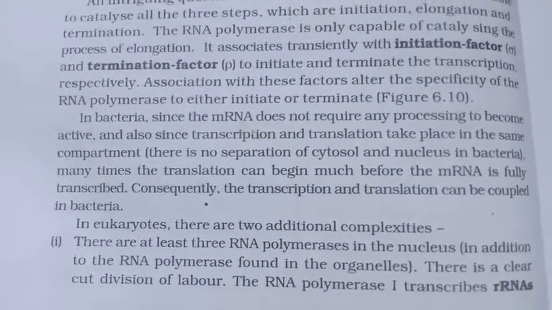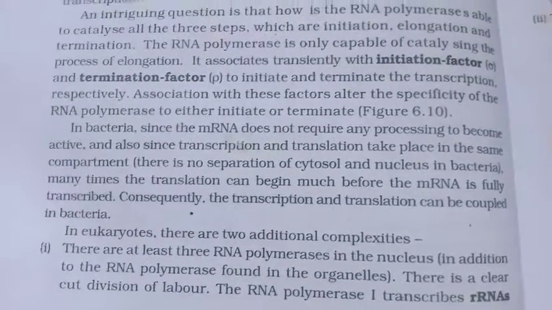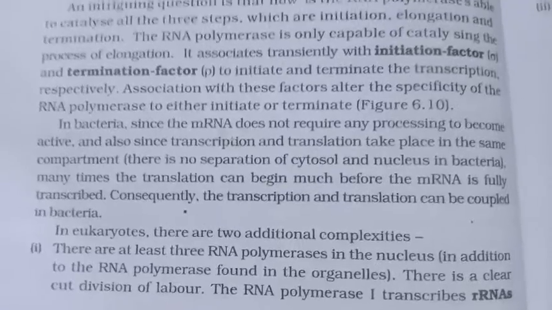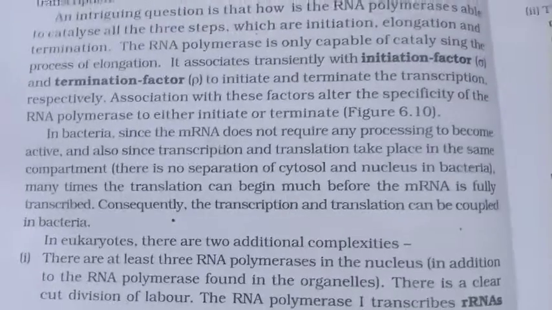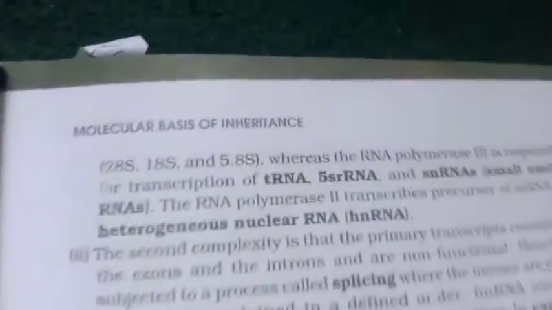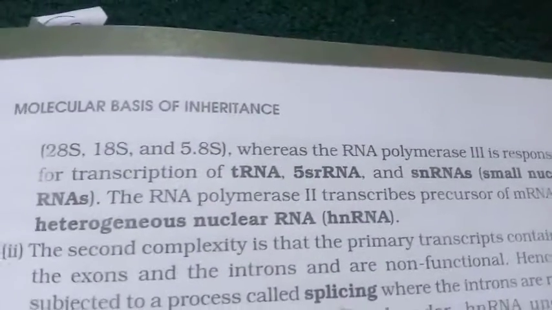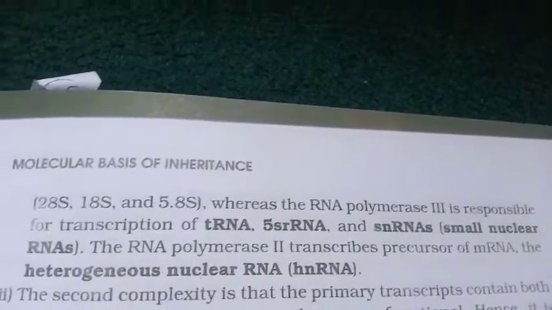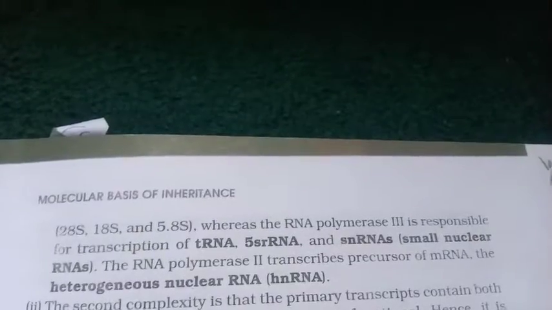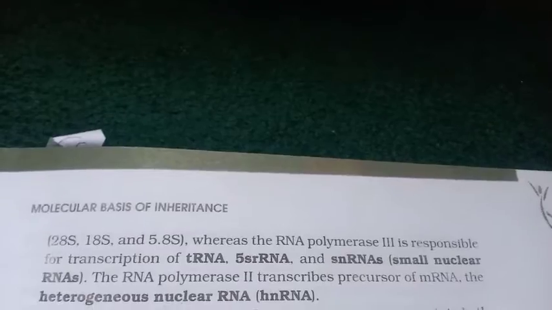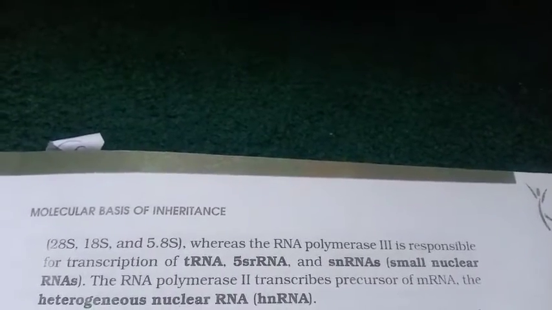RNA polymerase 1 transcribes ribosomal RNAs, 28S, 18S, and 5.8S, whereas RNA polymerase 3 is responsible for transcription of transfer RNA, that is tRNA, 5S rRNA, and snRNAs, that is small nuclear RNAs. RNA polymerase 2 transcribes the precursor of mRNA, the heterogeneous nuclear RNA, that is hnRNA.